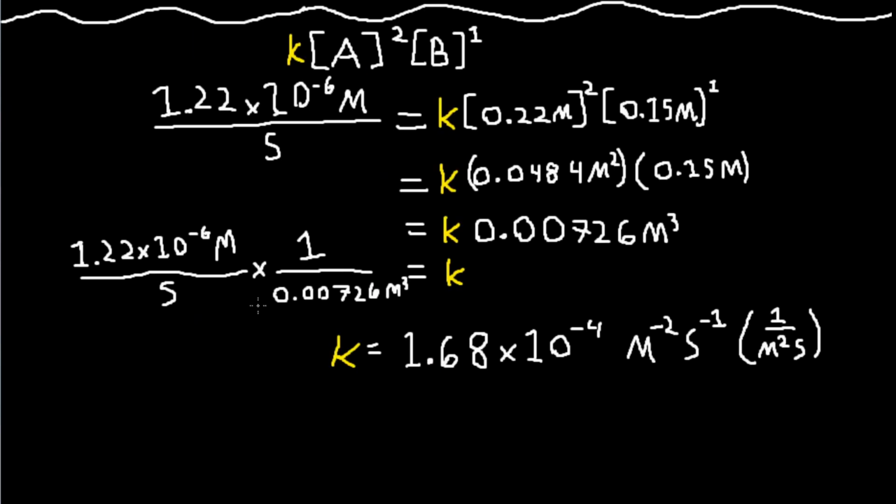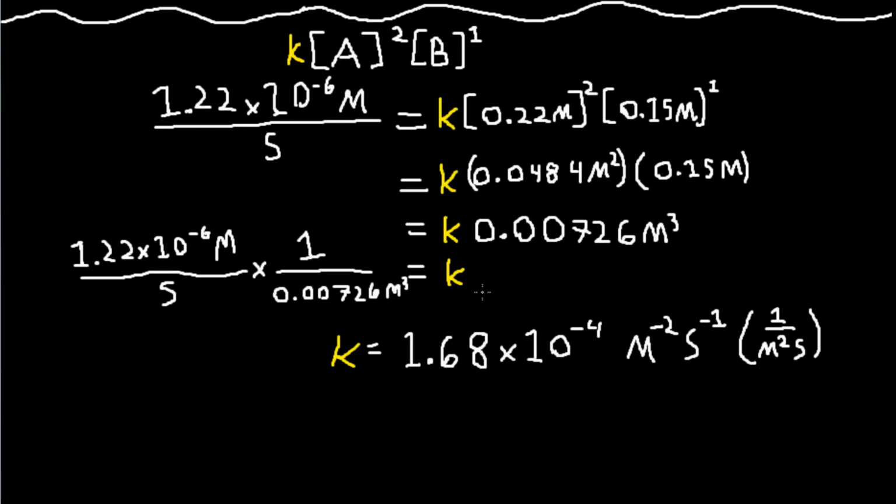Now once you have your order values, you're going to want to write out the rate law again, which is K times A to the 2 times B to the 1, or that's at least how you would pronounce it in mathematical terms. So what you do now is select a random run.